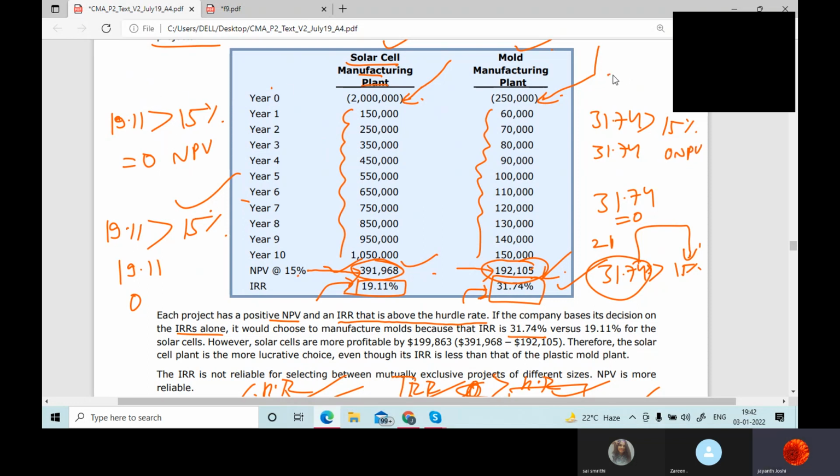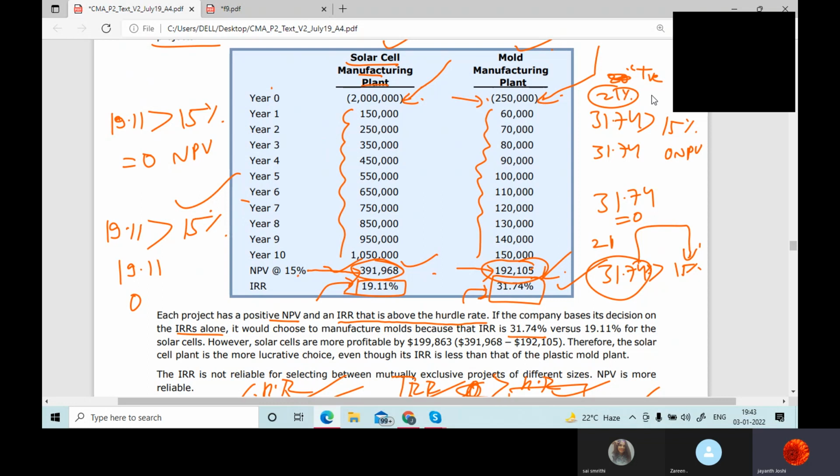You do one thing: take 20% here, 21%, and tell me what is happening here. Are you getting a positive NPV or negative NPV? Of course you'll get a positive NPV, correct?